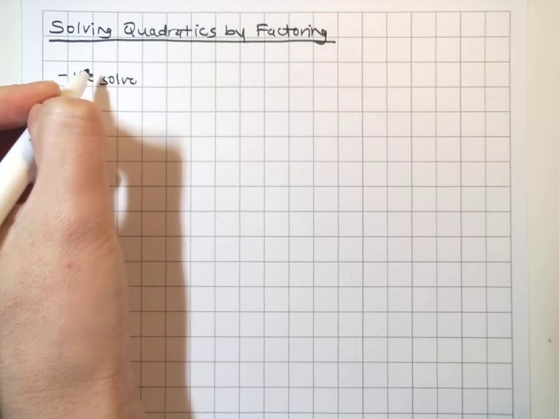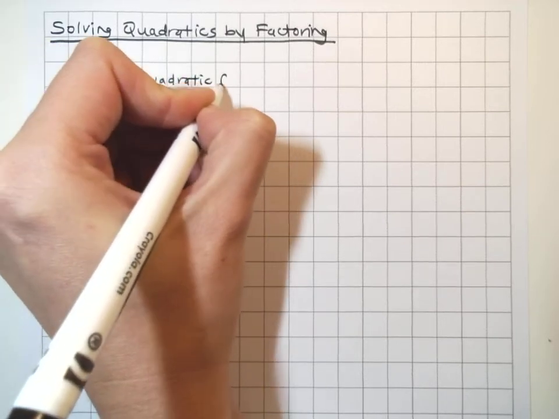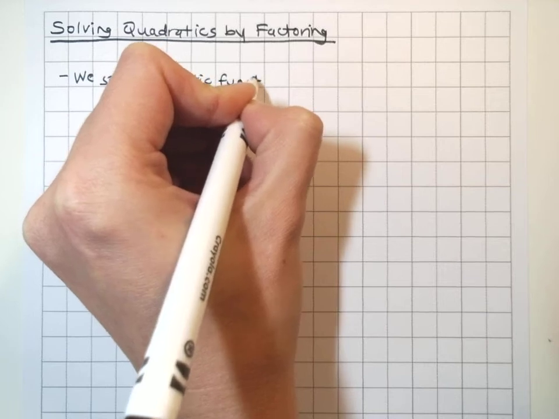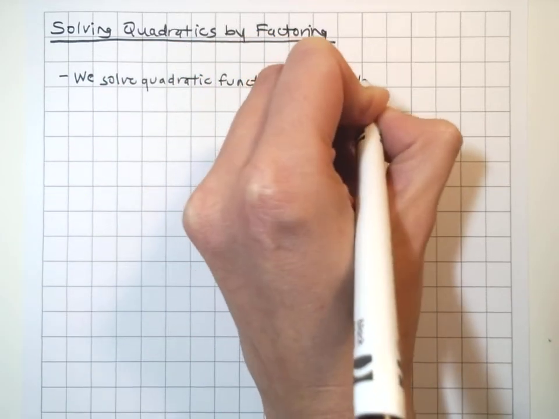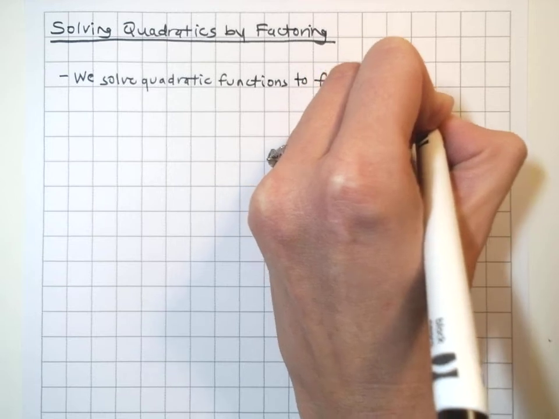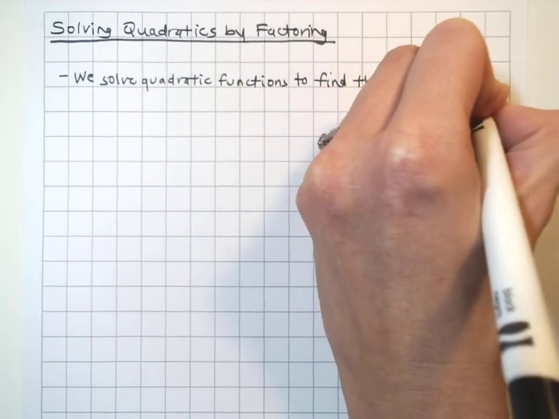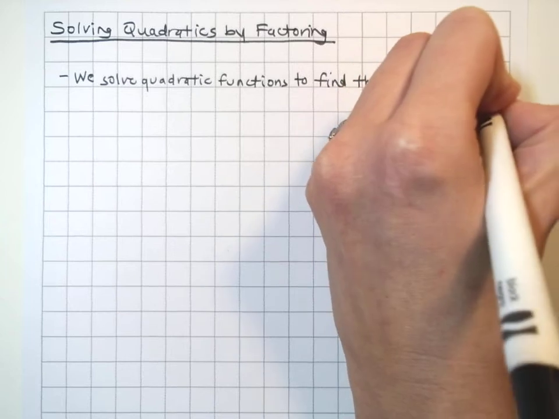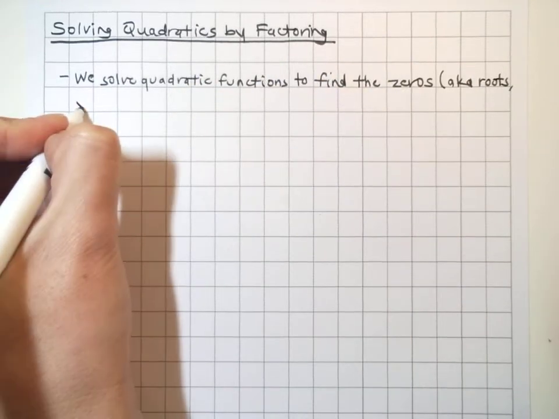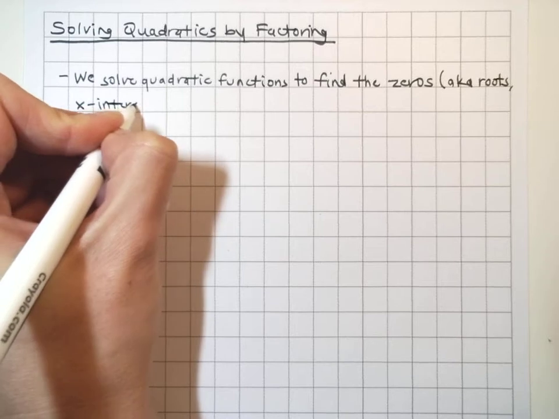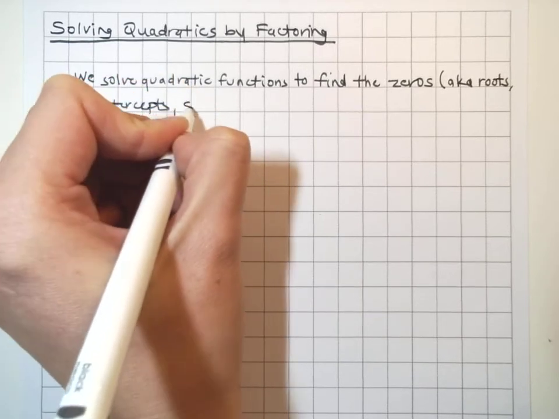Just a little background information. Zeros have a lot of different names. They can be called the roots, the X-intercepts, or solutions.